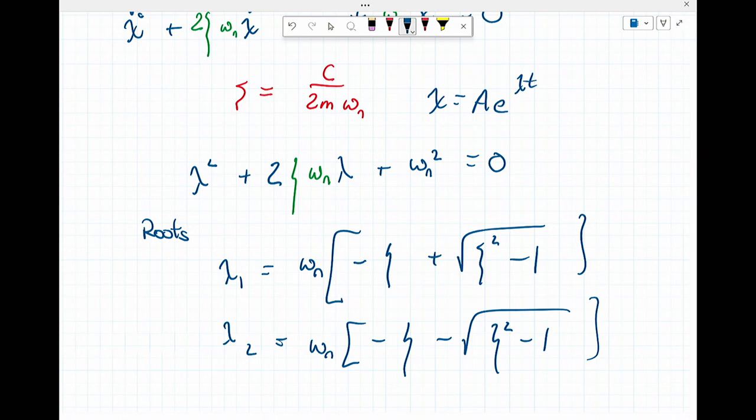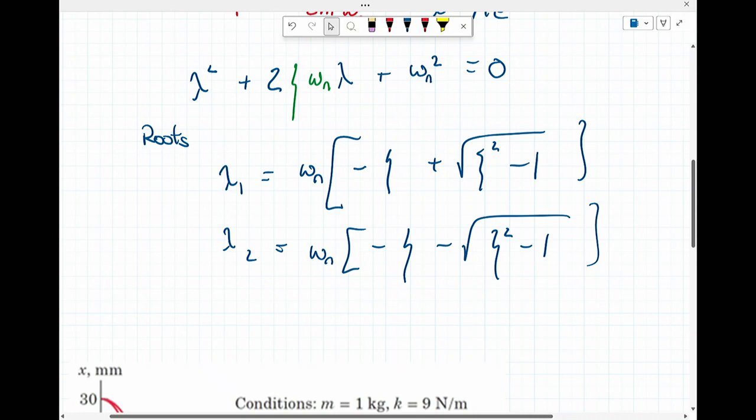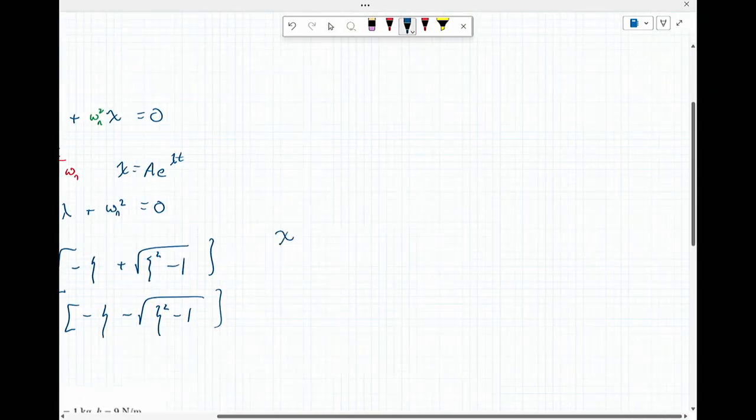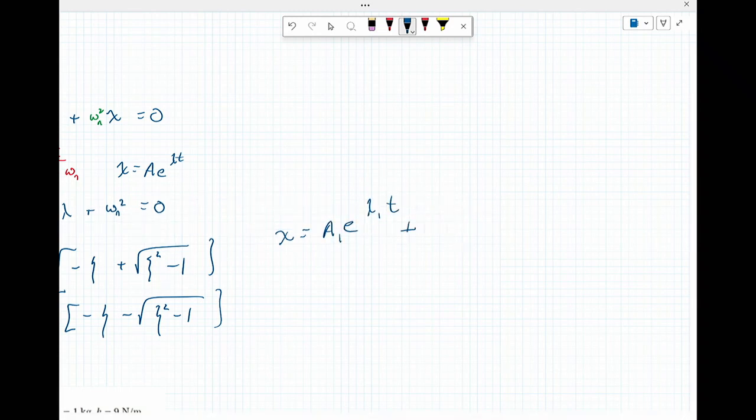So my solution is going to look like x is equal to a1 e^(lambda 1 t) plus a2 e^(lambda 2 t). So both of those kind of work. I have a solution. I can stuff it back into my equation. Everything is fine.